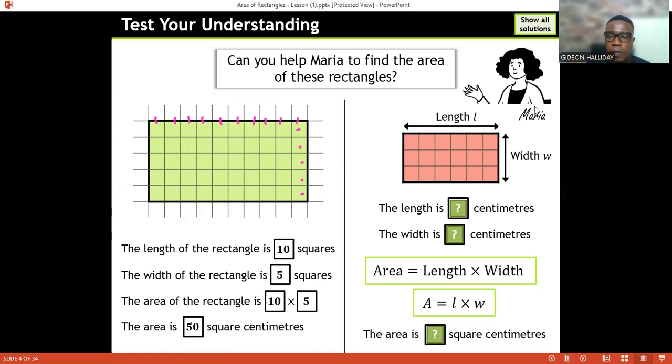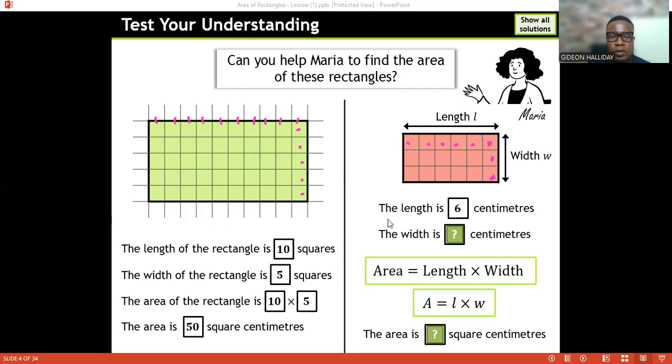Now, Maria has to do this. So let's help Maria. What's the length? 1, 2, 3, 4, 5, 6. So that's 6 centimeters. And then the width, you go ahead and count. 1, 2, 3.